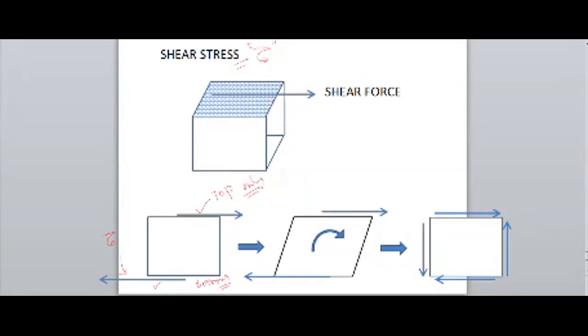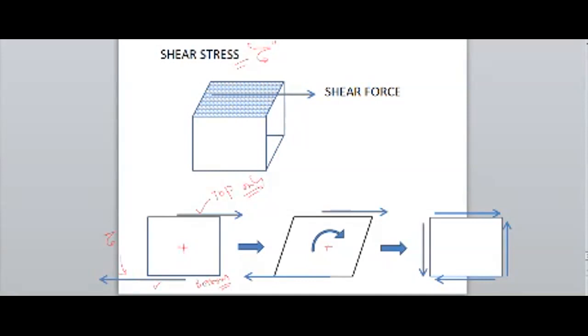Due to these parallel forces, which are opposite in direction, the body will get a rotating motion.